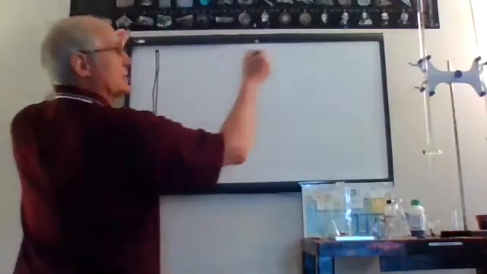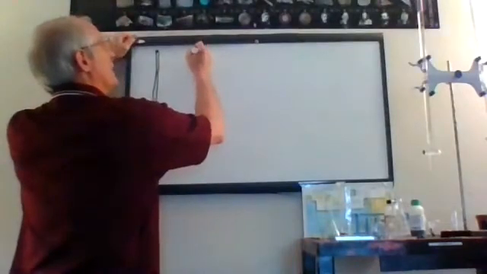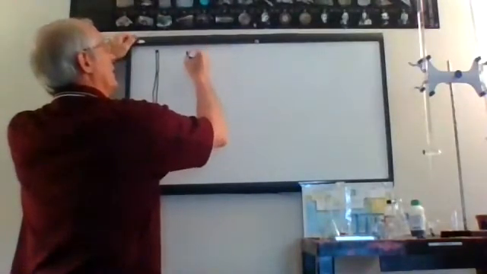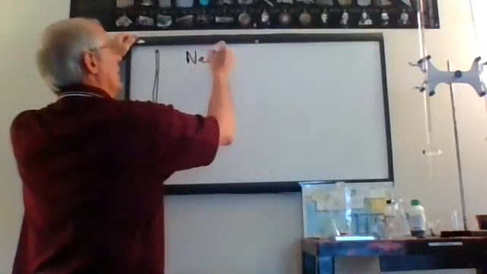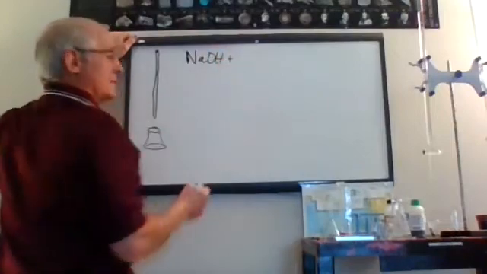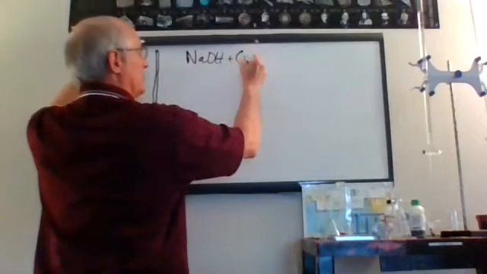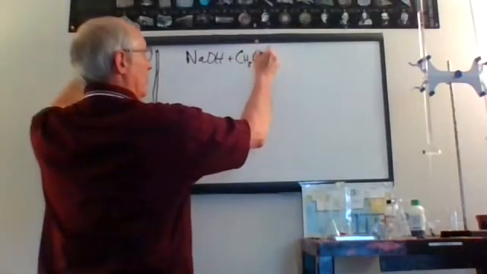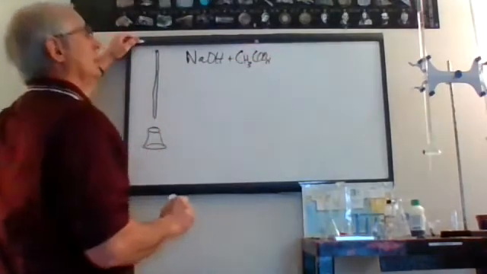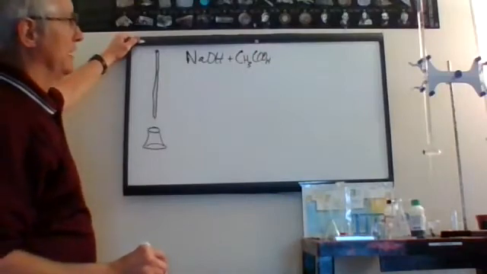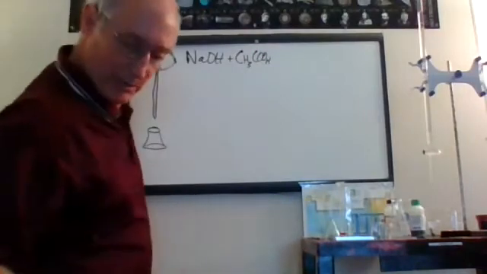So acetic acid, let's take this stuff up here first. That is sodium hydroxide. Acetic acid is CH3COOH. You remember that? Oh, wait, put the H up there, Mr. Schultz.